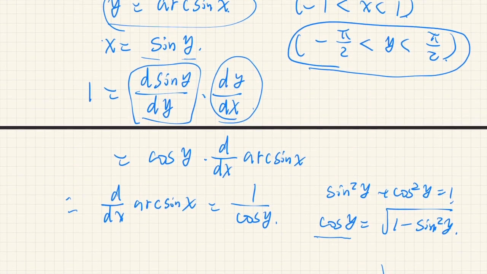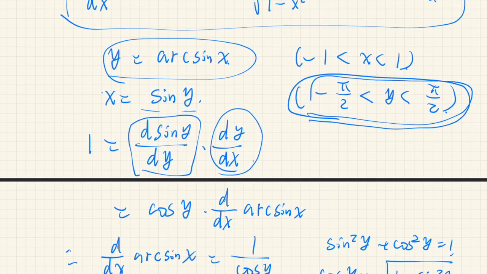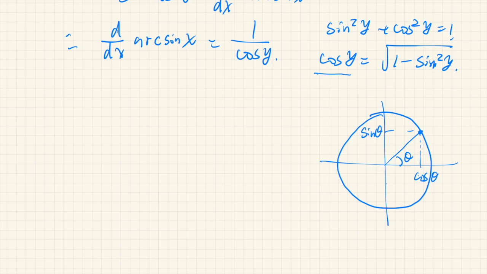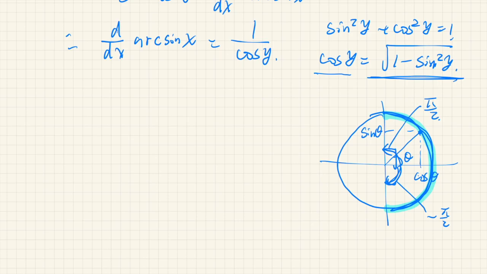Since we're considering this interval, the angle varies between this and this, so this angle is negative pi half, and this angle is positive pi half. So in this interval, the cosine function is always positive, so we can take the positive square root like this.